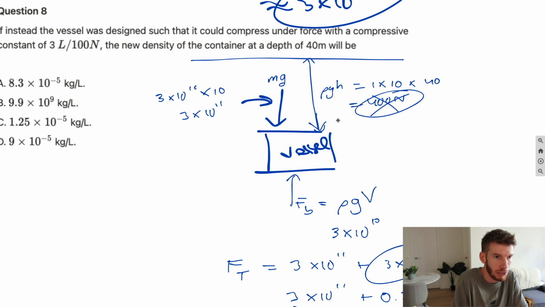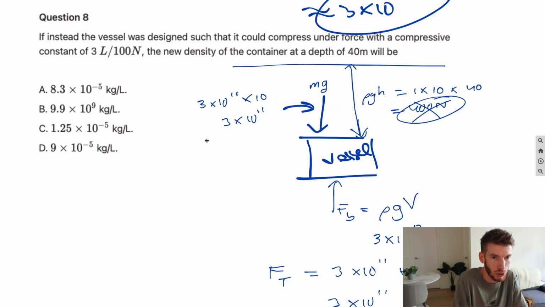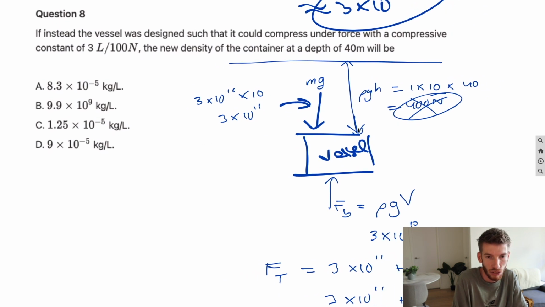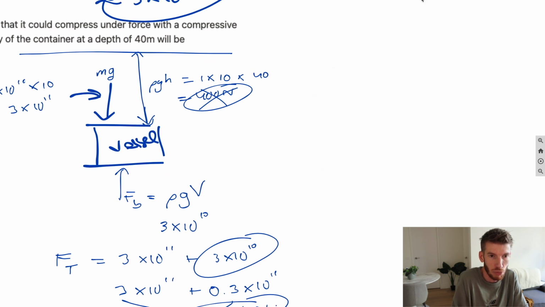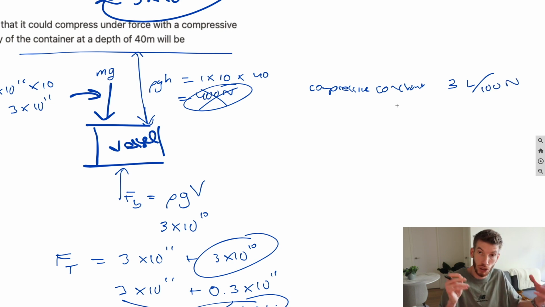And so coming back to it, this was what's going to be the new density. So it gave us a compressive constant that said 3 litres per 100 newtons. So it means that it's going to reduce by 3 litres every 100 newtons that is applied.